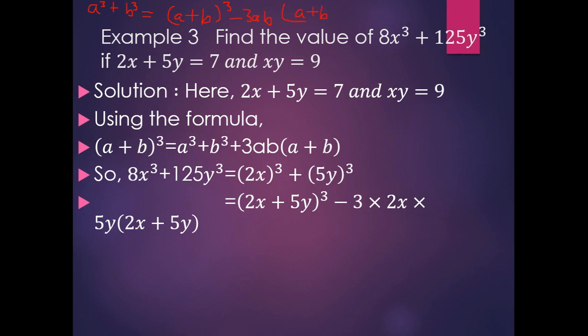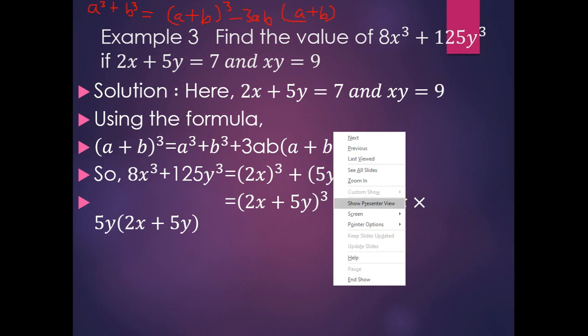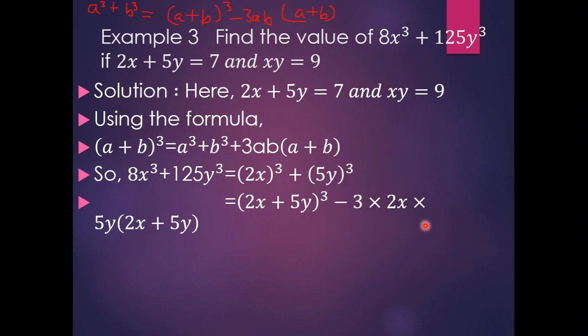We have this formula for a cube plus b cube, which will be obtained from this a plus b whole cube formula. So from this formula, this plus 3ab times a plus b goes there, so the a plus b whole cube minus 3ab times a plus b formula will be formed. So using a cube plus b cube equal to a plus b whole cube minus 3 times ab times a plus b formula, we can write like this way.